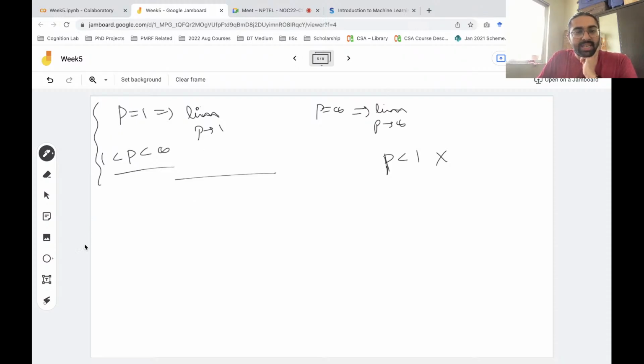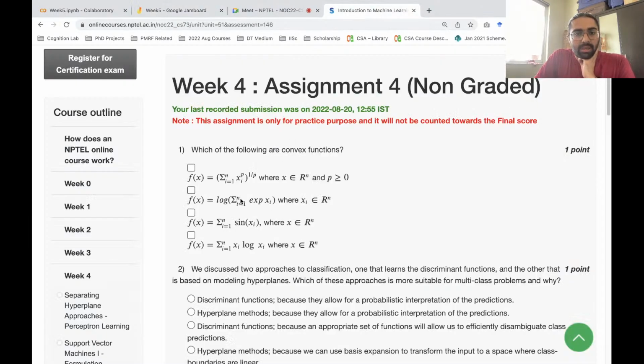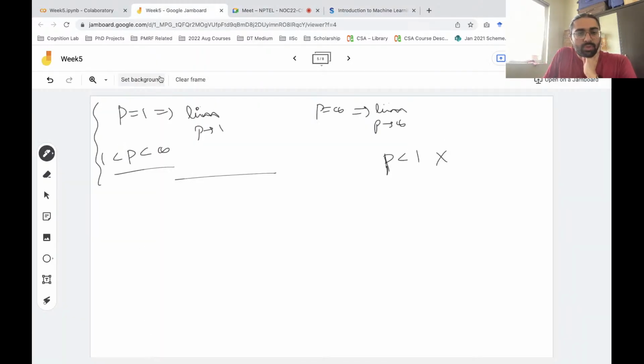The second question is f of x equals the log of the sum, i equal to 1 to n, of e to the power xi, where x belongs to R to the power n and xi are the components of x. So the function is f of x equals log of the sum over i equal to 1 to n of e to the power xi.